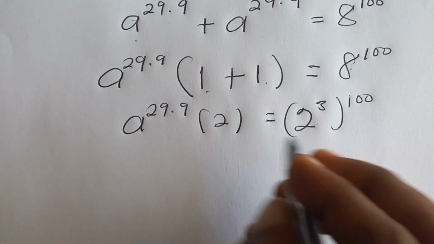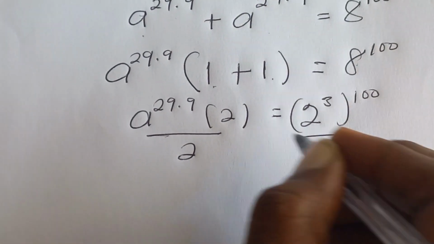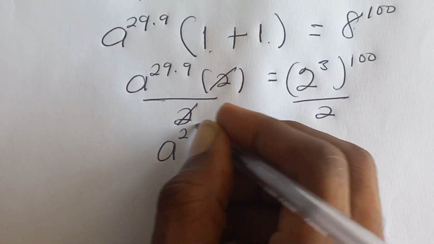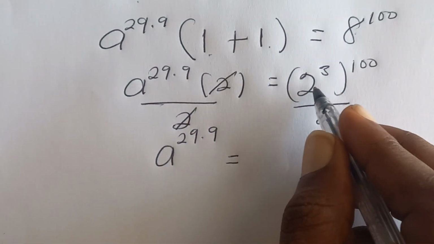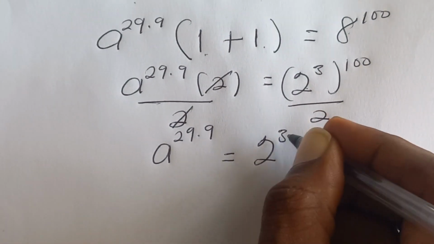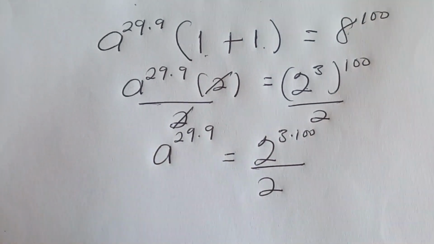From here we can divide both sides by 2, so this will cancel this, leaving a^29.9 is equal to 2 exponent 3 multiplied by 100, over 2.